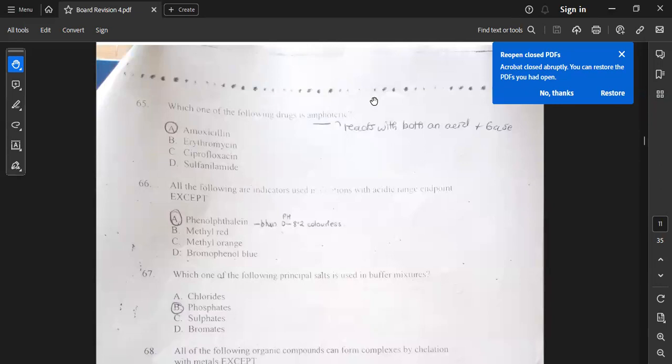Then we have phenolphthalein, thiophthalate, and alizarin yellow. Those are for the basic reactions to detect the endpoints. We have phenolphthalein, thiophthalate, which is related to phenolphthalein, alizarin yellow, and also phenol red.